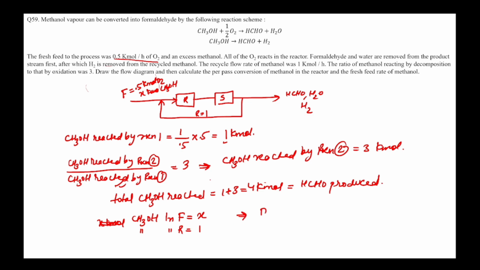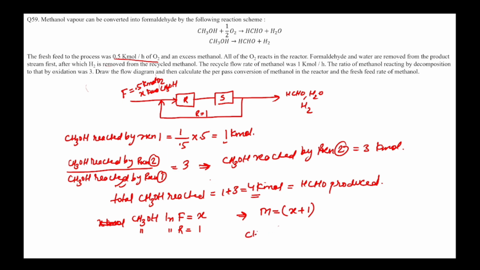So M is equal to X plus 1, right? Since total CH3OH reacted is 4 kilomole, this is the CH3OH in the feed.